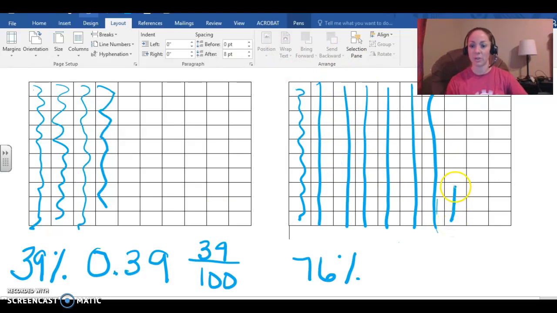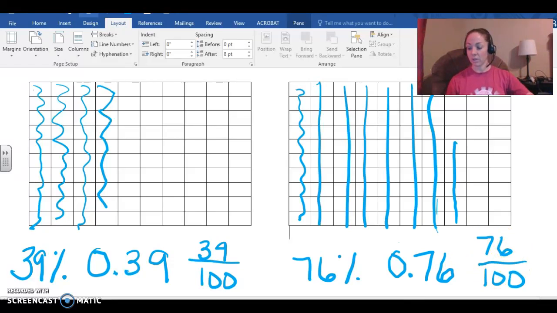So 1, 2, 3, 4, 5, 6. So there's our 76% of our squares colored in. To show it as a decimal, we have 0.76 or 76 hundredths. And as a fraction, we show it as 76 over 100.